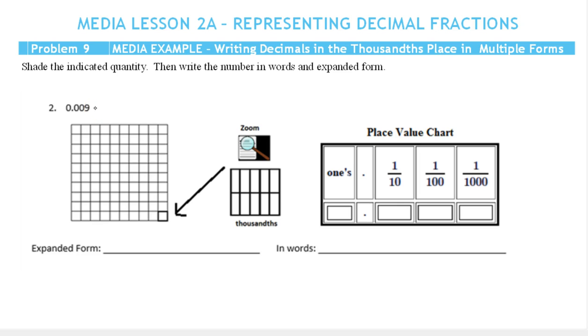0.009. Let's start by putting this in the place value chart. So we have 0 ones, 0 in the tenths place, 0 in the hundredths place, and 9 in the thousandths place. So there are no orange strips, no yellow squares, there's just going to be 9 blue thousandths.